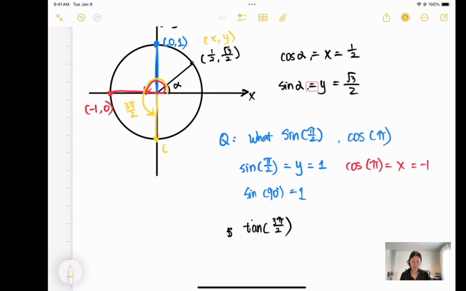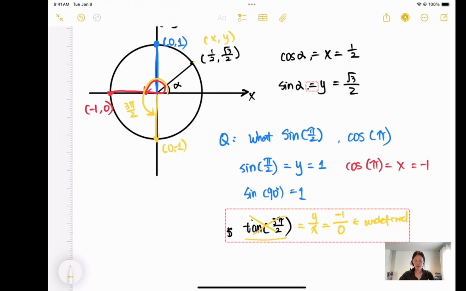The coordinate is x equals 0, y equals -1, right? So our tangent is equal to y/x, right? So our y is equal to -1, x is equal to 0. You can't have a 0 in the denominator. So in this case, it's undefined. So that means we will not have a tangent 3 pi/2.